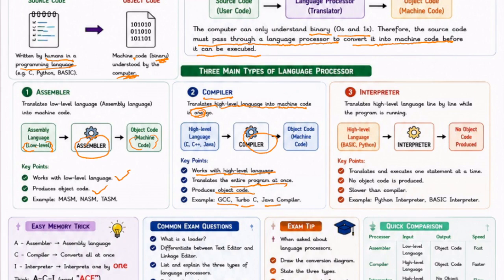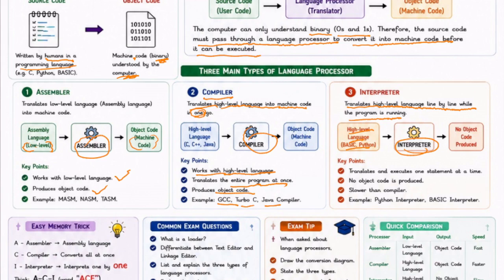Now we have the interpreter. An interpreter also translates high level language line by line while the program is running. I'm going to explain the difference. The graphical explanation is you have high level language, which is Basic or Python, then you have the interpreter, then your object code.